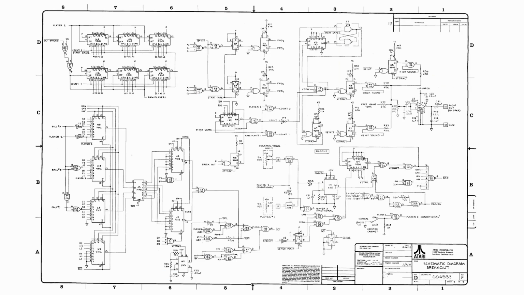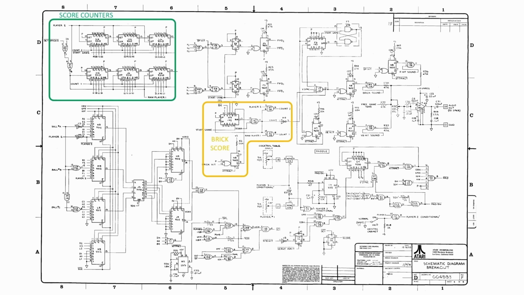Okay, on the second sheet, we've got the brick score logic. So basically for each layer of bricks, there can be a different number of points attributed to that layer. So this determines that. Then we've got the actual score counters themselves. We've got what they call empty wall detect. So in the game, you can eat through 2 walls of bricks.